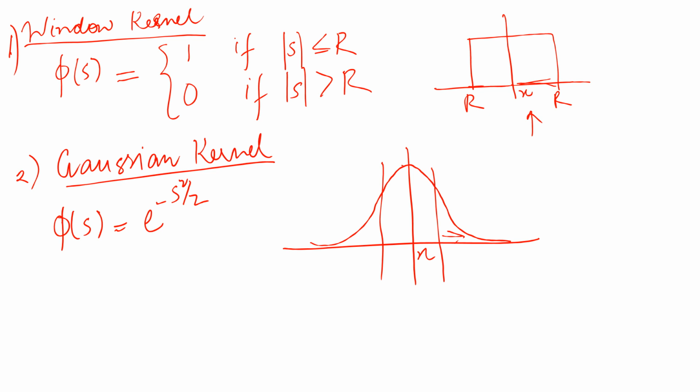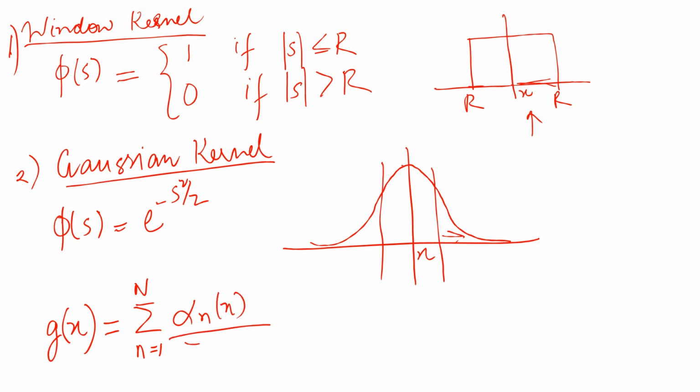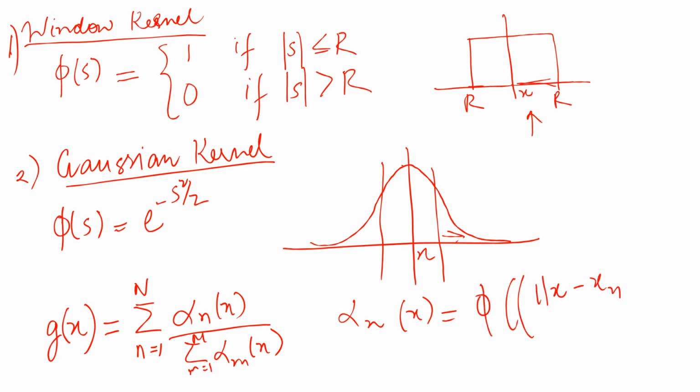And so finally, let's try to summarize what the non-parametric radial basis function is. My hypothesis is the sum over n from 1 to N of alpha n of x, so now we understand why that is, and then normalized by the sum of weights, m from 1 up to N, where my alpha n of x is some phi of this distance, x minus x n, over my scale parameter.